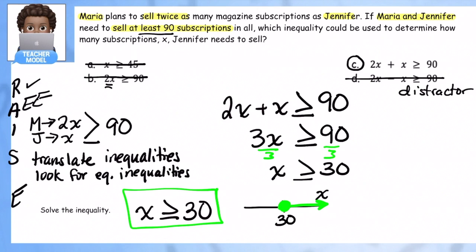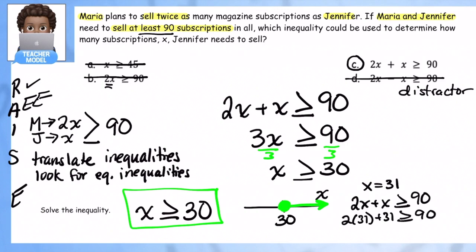And let's try it with just 31. Let's check our work when x is 31. So 2x plus x is greater than or equal to 90. 2 times 31 plus 31 is greater than or equal to 90. And this would be 62 plus 31 together make 93.